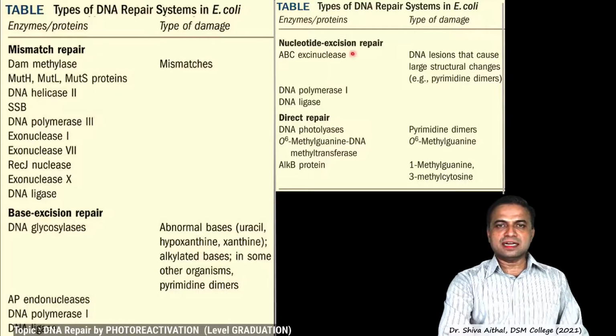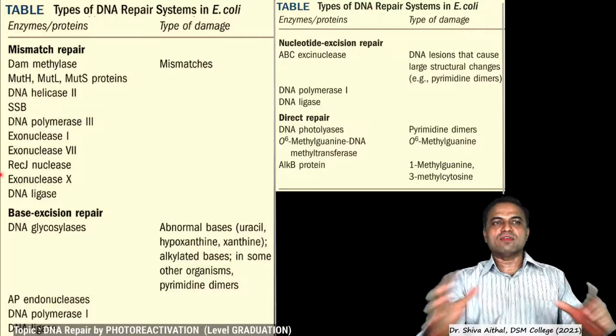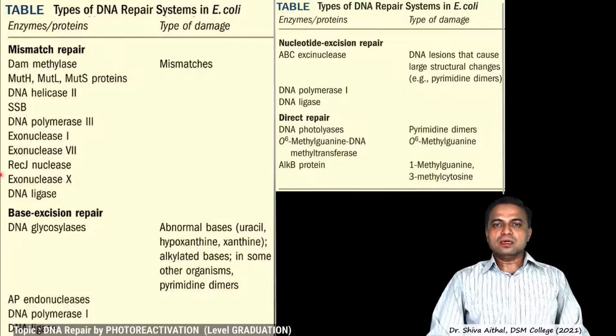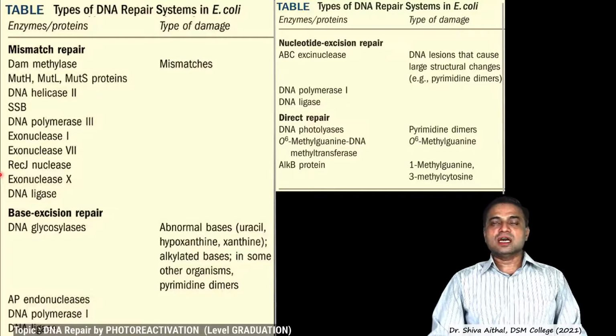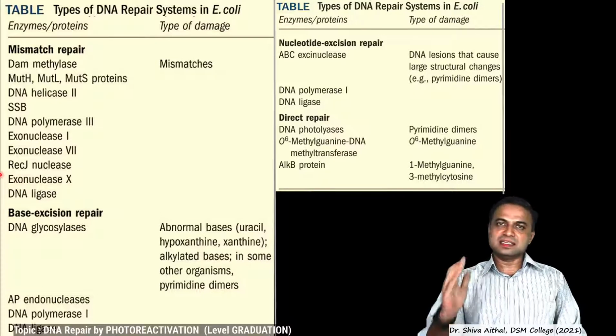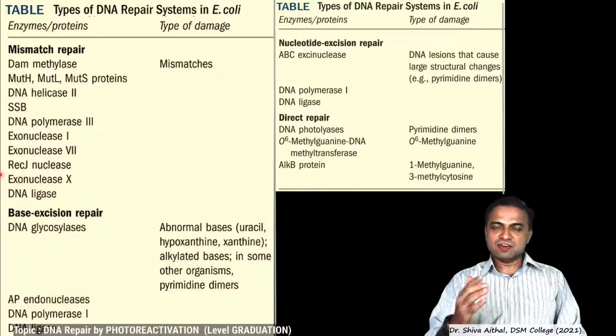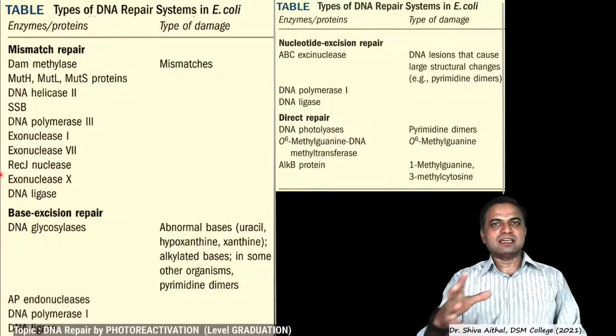All these contain a huge array of enzymes. Remember, photolysis itself is an enzyme induced by light. All these repair systems are protein mediated, meaning enzyme mediated, and they are involved in the reversal of the damage; their main aim is to bring back the correct Watson and Crick pairing, that is AT and GC.